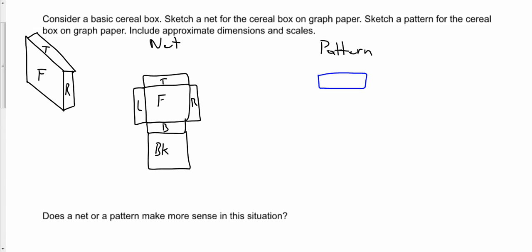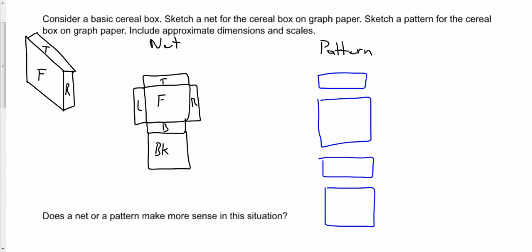I have a top, I'd have a front, I'd have a bottom, I'd have a back, I'd have a left side, and I'd have a right side. If I quickly label it, I've got a top, a front, a bottom, a back, a left, and a right.